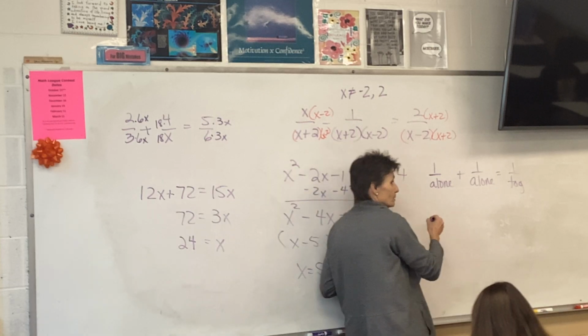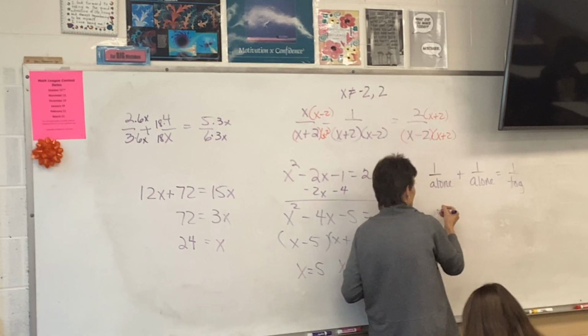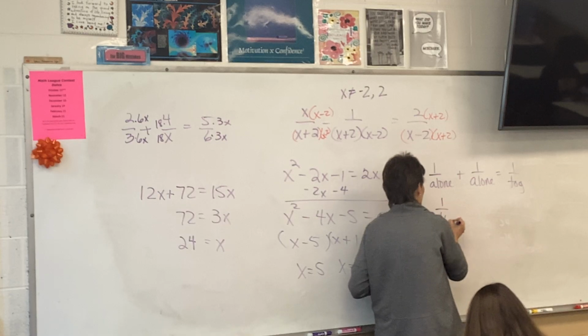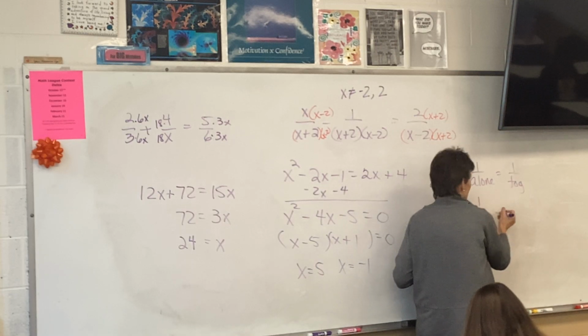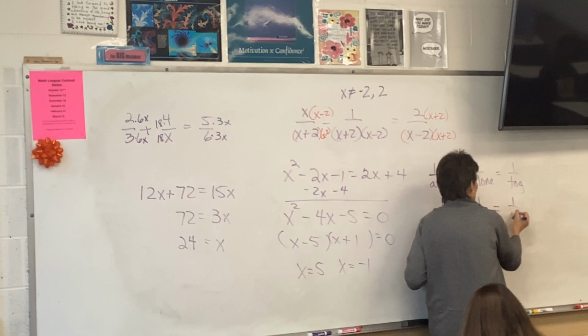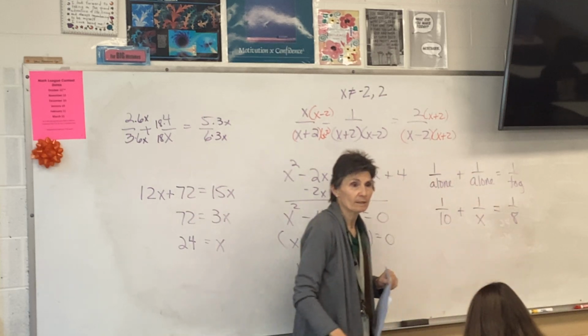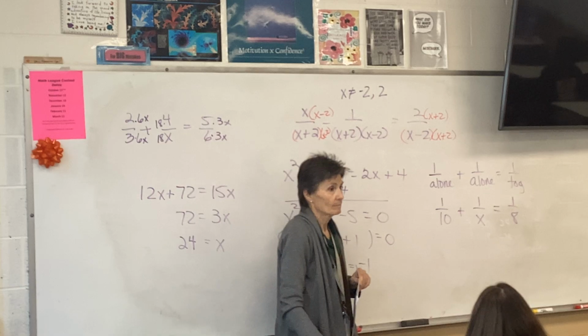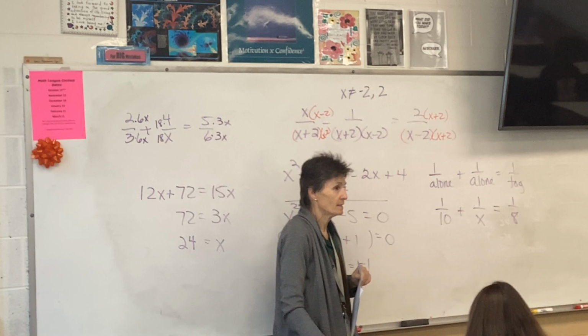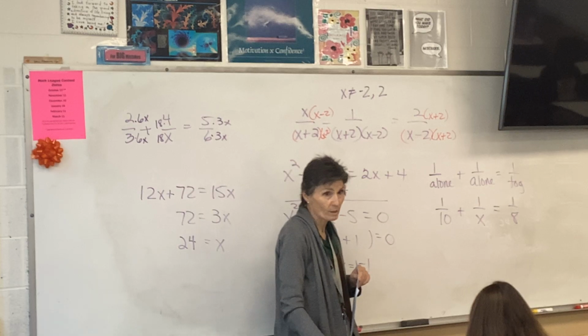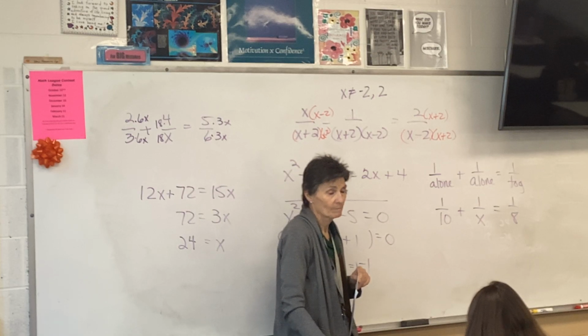So here we go. Tell me what to write. 1 over 10 plus 1 over x equals 1 over 8. What do the rest of you think? If Maura helps, it takes 8 hours. Doesn't that mean Maura and Chandler are working together?